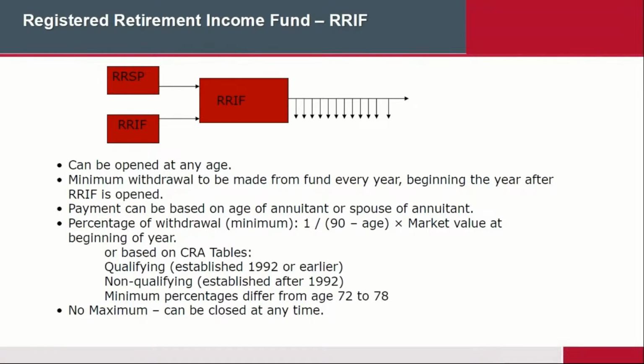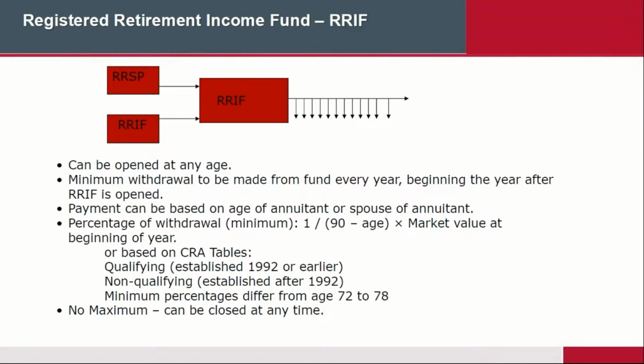Or you simply go to the CRA tables, which are provided by every insurance company, bank, anybody that issues RIFs has the table. So it doesn't matter which company you go to. The numbers are always the same because these are issued by Ottawa. So it applies to all financial institutions, basically. Okay.